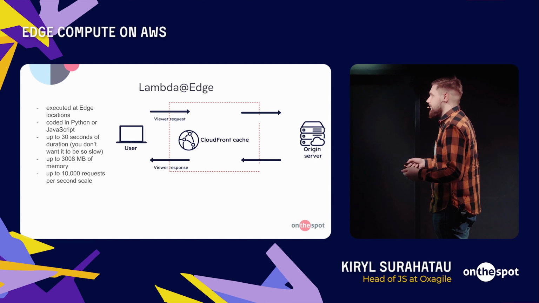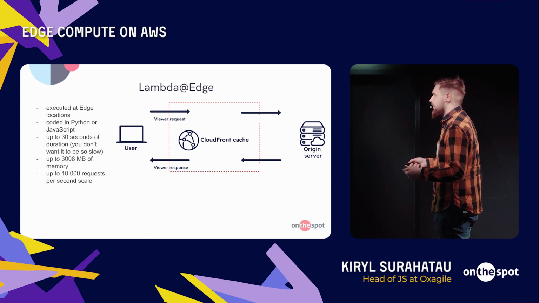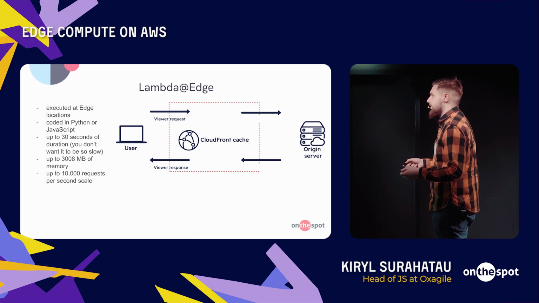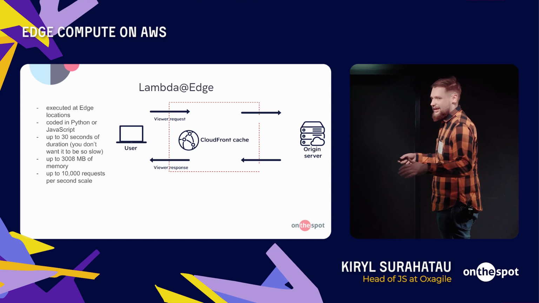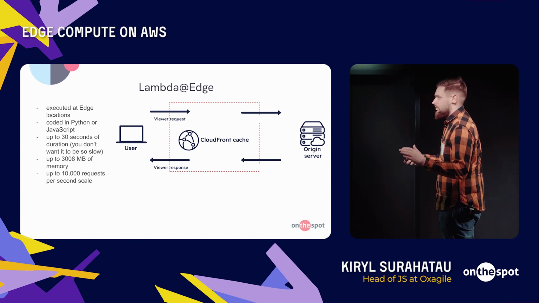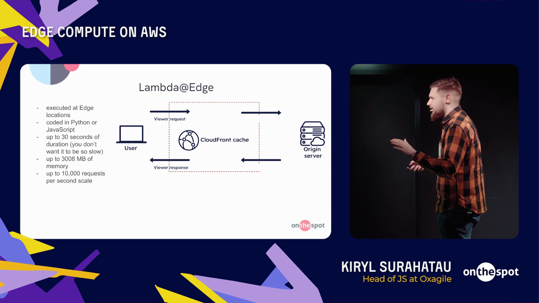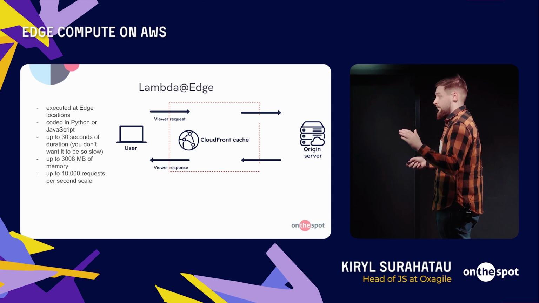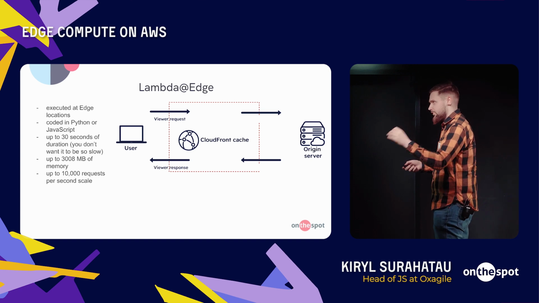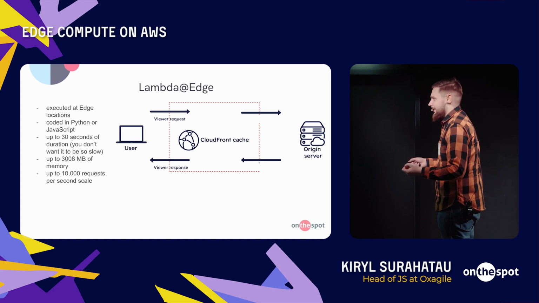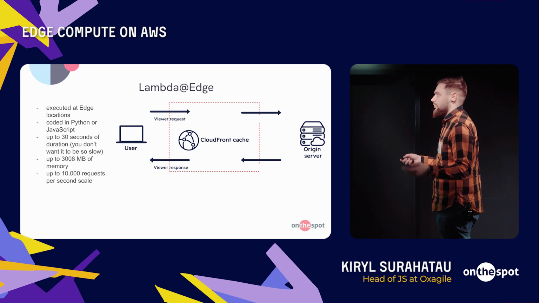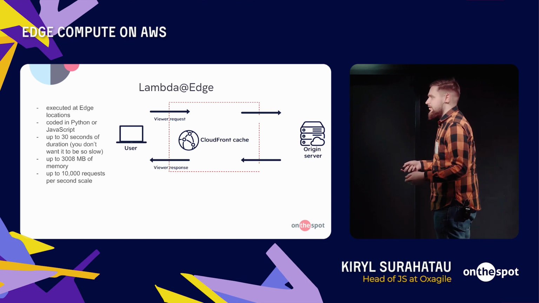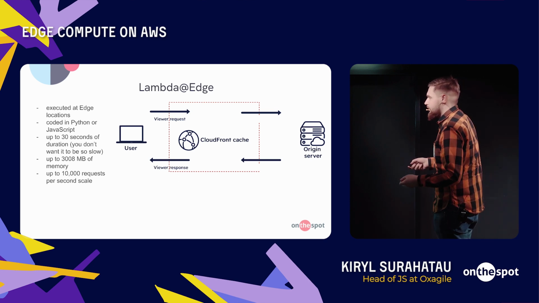And you can integrate it on a viewer request and viewer response level, as well as origin response and origin request level. And it can be huge. It can use up to almost 3 gigabytes of memory, it can be up to 30 seconds of duration. And remember, this thing is actually sitting between your user and the response. And it's probably not the thing that you want to run for 30 seconds, obviously. And it scales relatively well, up to 10,000 requests per second.